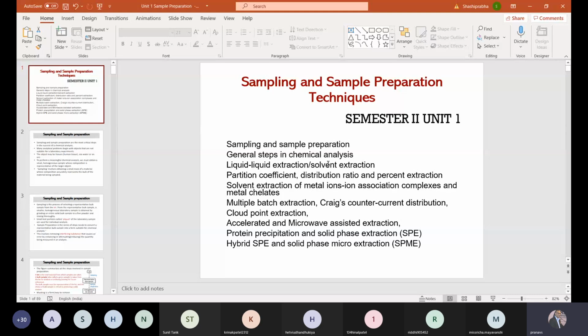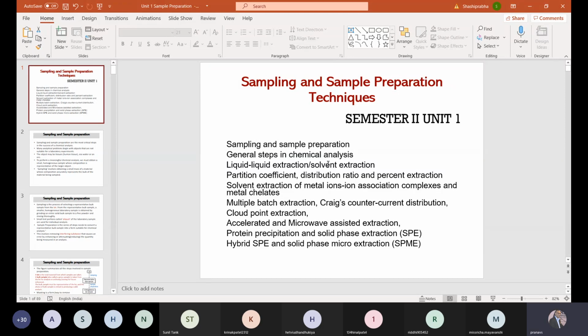So the main bottleneck in any type of analysis with any form of a sample is the sampling process and the sample preparation. These are the two terms with which this entire unit will be dealing.